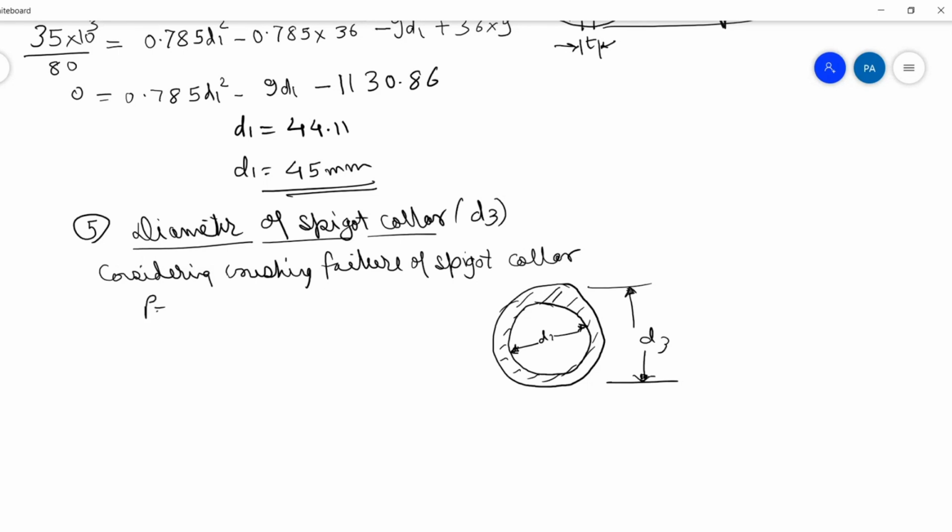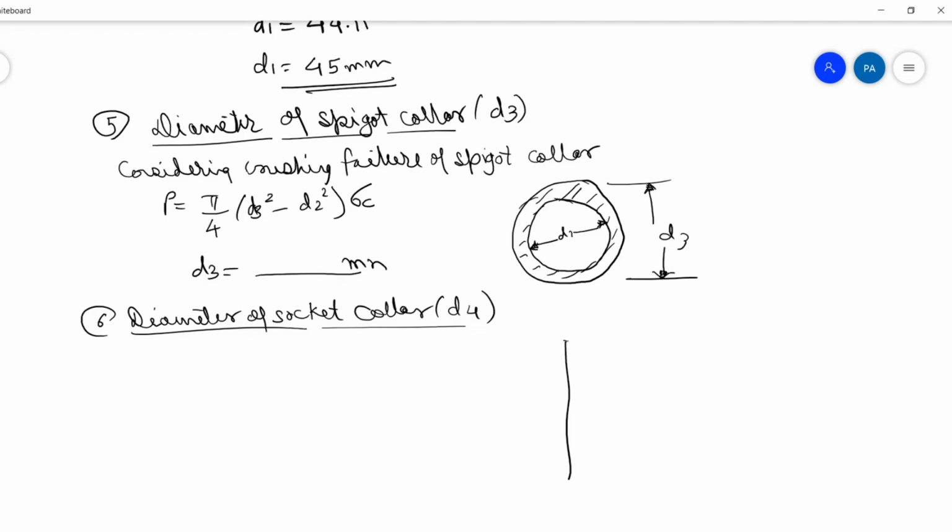So the formula is P equal to pi by 4 (D3 square minus D2 square) into sigma C. The failure sketch would look something like this.